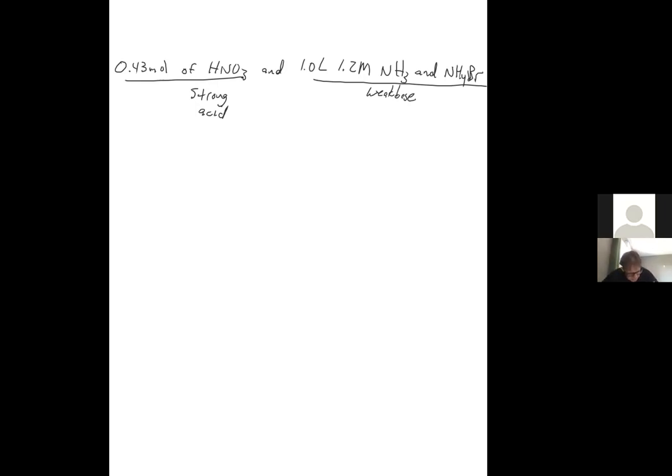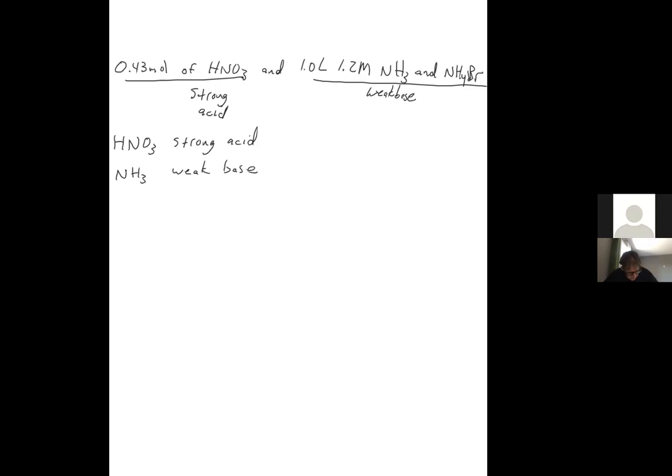So just to be a little bit more organized for you, strong acid. Remember how I said you got to memorize those strong acids and strong bases so that you know the weak acids and weak bases by elimination. If it's not a strong acid, then it's a weak acid. If it's not a strong base, it's a weak base. So you got NH3, which is a weak base.